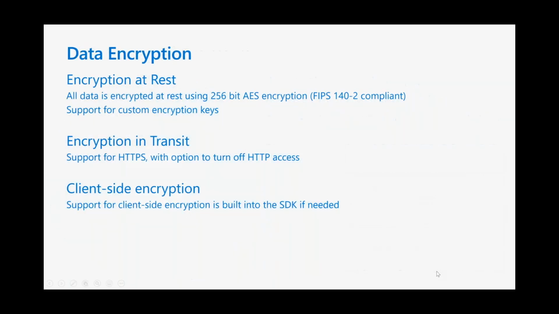And also there is data encryption. A 256-bit AES encryption is available for data at rest, and you also support customer encryption keys. For any data in transit, we support the HTTPS protocol to then turn off the HTTP one. And we also have the client-side encryption supported.